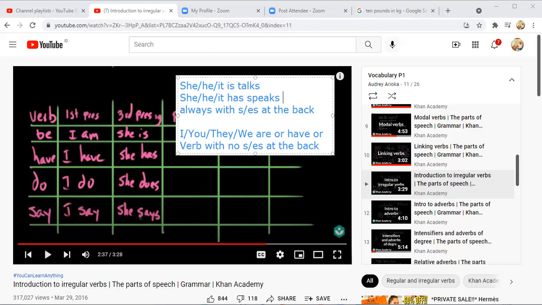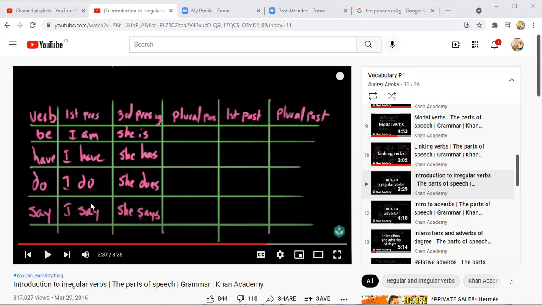I cannot think about it off the top of my head, but it's going to always be have or verb with non-s. It's always going to be talk or speak or run. I hope it's going to be clearer now.